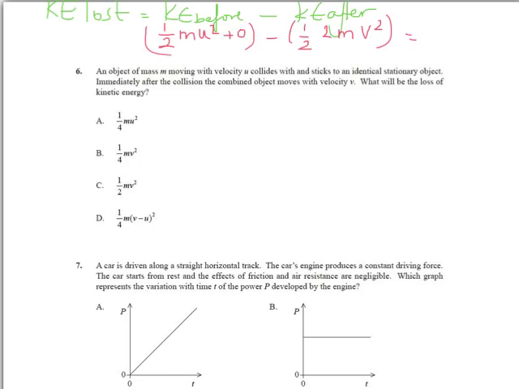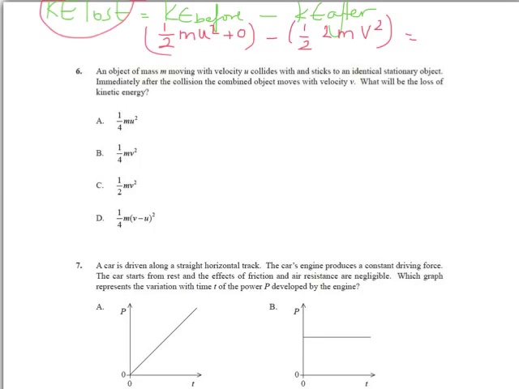Now, if we work out the kinetic energy lost, we would need to subtract the kinetic energy after the collision from the kinetic energy before. So what's the kinetic energy before? It's a half mu squared plus nothing, because the second object was stationary. So we only need to consider the kinetic energy of the first object. What's the kinetic energy after?